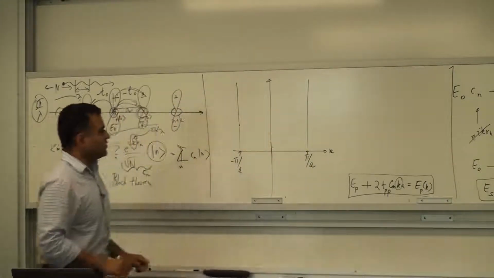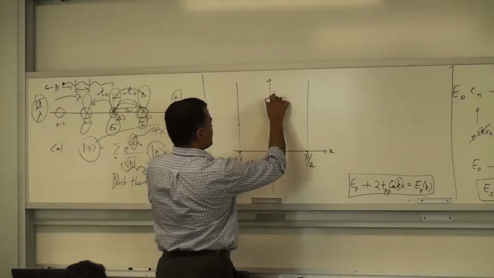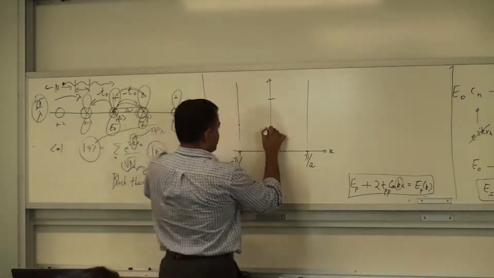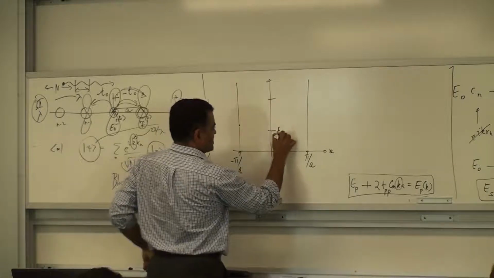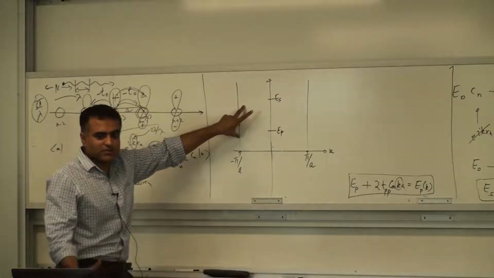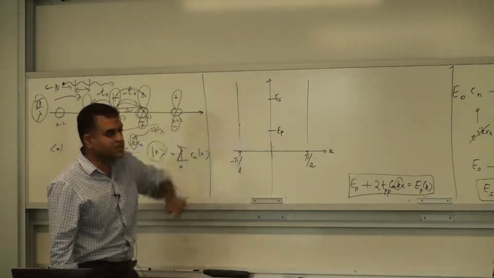Let's say my s orbital energy is here. It may be a 3s orbital, and this may be a 2p orbital. I'm just making stuff up at this point. This is EP, this is ES. This can change depending upon which atoms you choose and which material you're looking at. Let's say here's the situation.